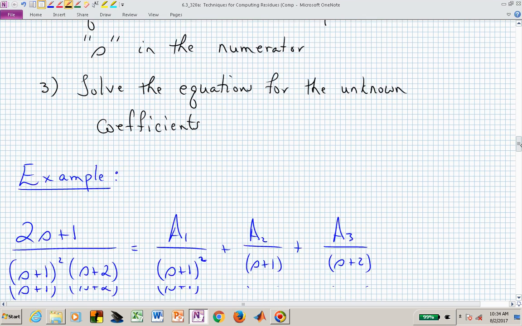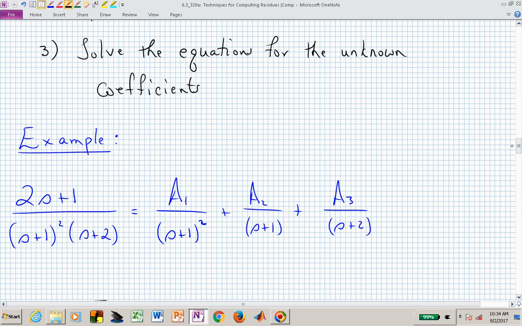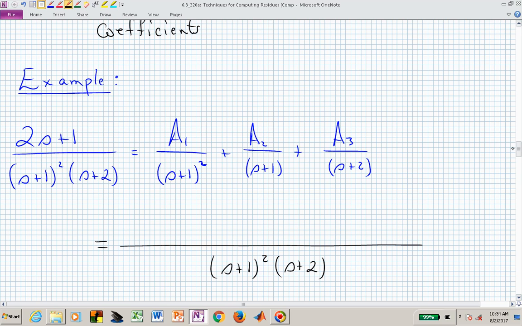So let's apply that to our previous example. We now have the left-hand side, that's already over a common denominator, but to get that denominator common on each of the three terms on the right, we now need to take a sub 1 and multiply that by s plus 2.